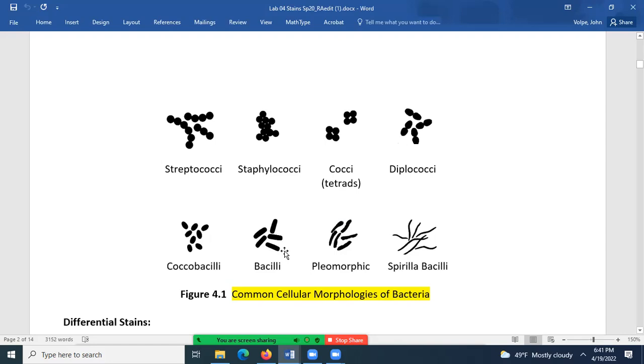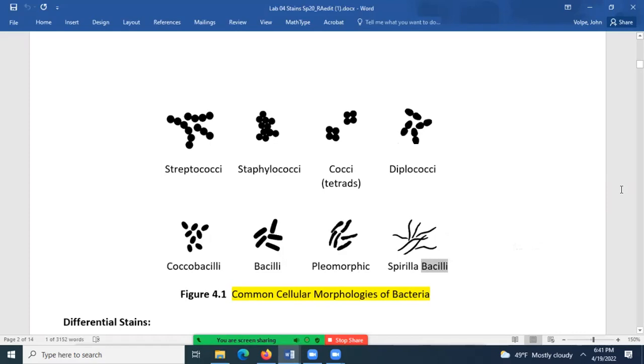It can have pointed ends, blunt ends as shown here, or rounded ends, sort of like that one there. I would not use the term spirilla bacilli. I would only call it spirilla. A bacilli is this. A spirilla is like an S-type shape.